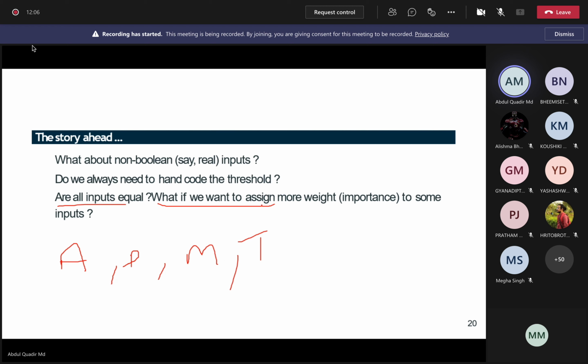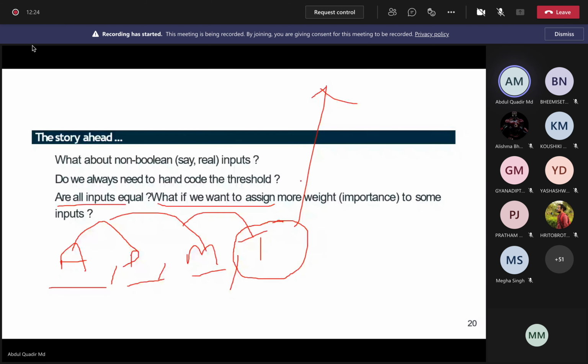What did we do if all four were given equal inputs? But here in perceptron, if the movie is a thriller, irrespective of whether it has the actor, director, and musician, I will watch the movie. So the most important weightage I will give to the type of movie called thriller.